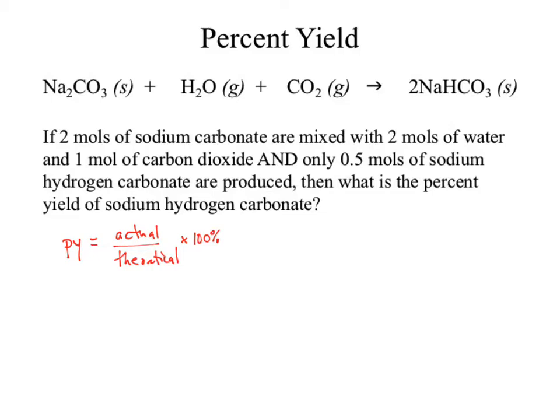Sodium hydrogen carbonate. Am I given any information about sodium hydrogen carbonate in the question? Yep, I'm told 0.5 moles sodium hydrogen carbonate are produced. What does that mean? Actually obtained 0.5 moles.